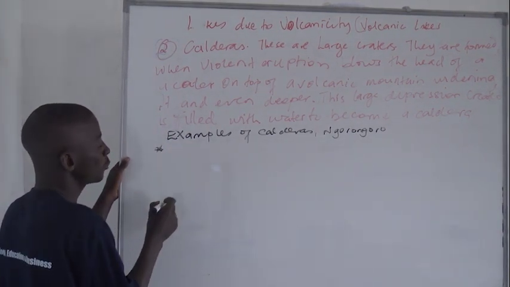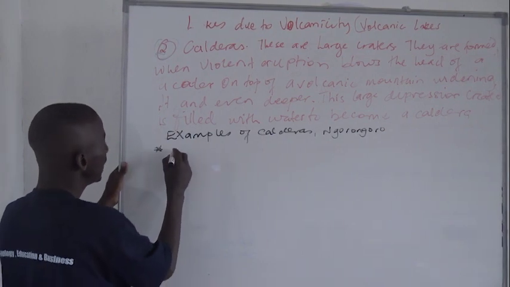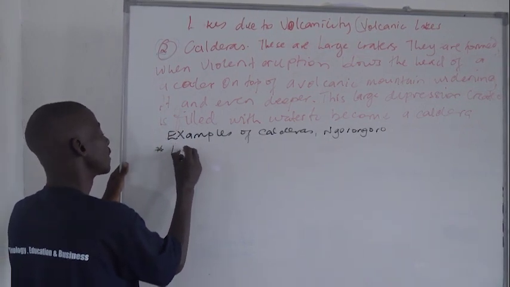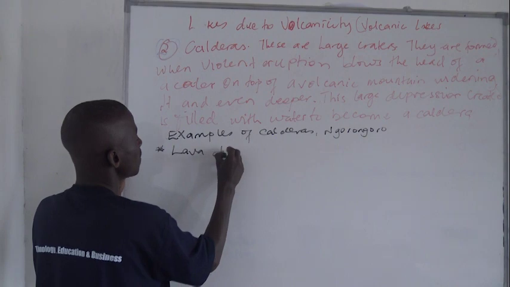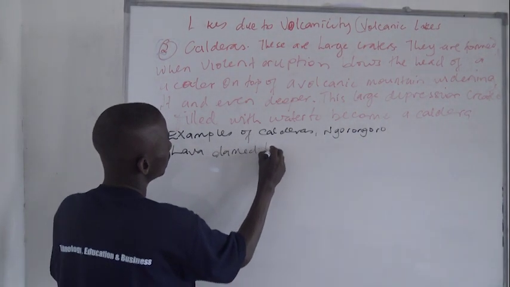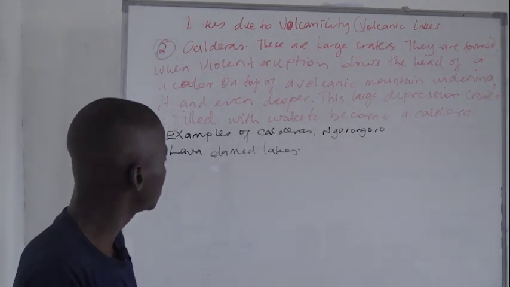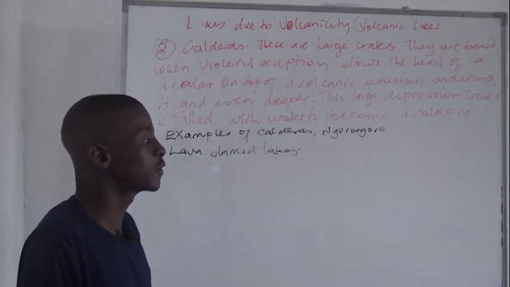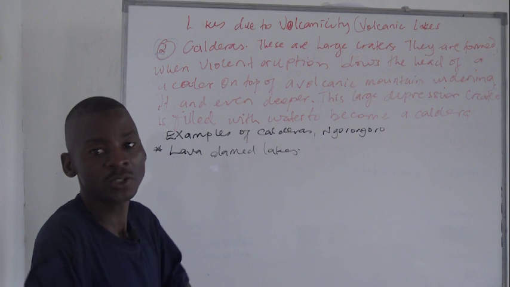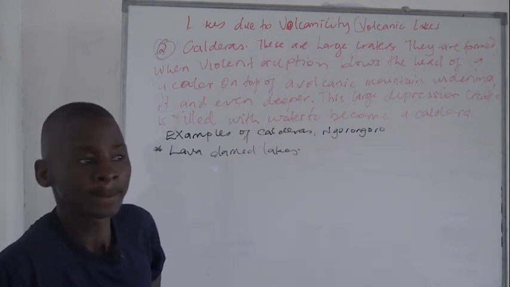The third type of volcanic lake is lava dammed lakes. Of course, during the process of volcanicity, molten materials block a river valley.